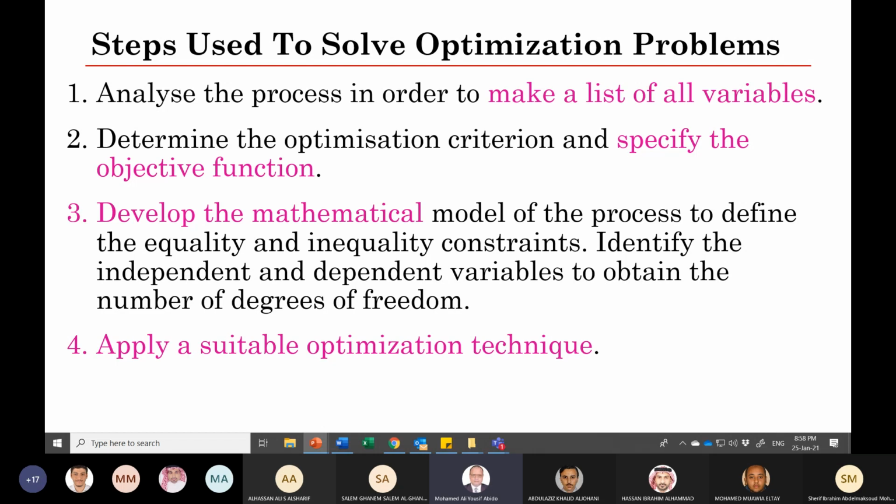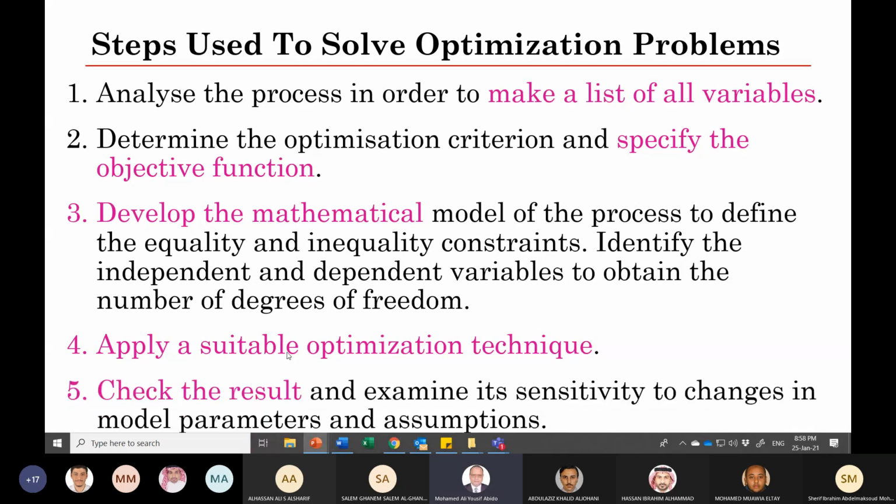Apply an optimization technique suitable to the problem, if it is linear programming or quadratic programming or nonlinear programming, or any classical technique that you can implement, or even any evolutionary computational technique, and you can later apply. This is for optimization problems in general. So for any problem, you can implement any technique here.